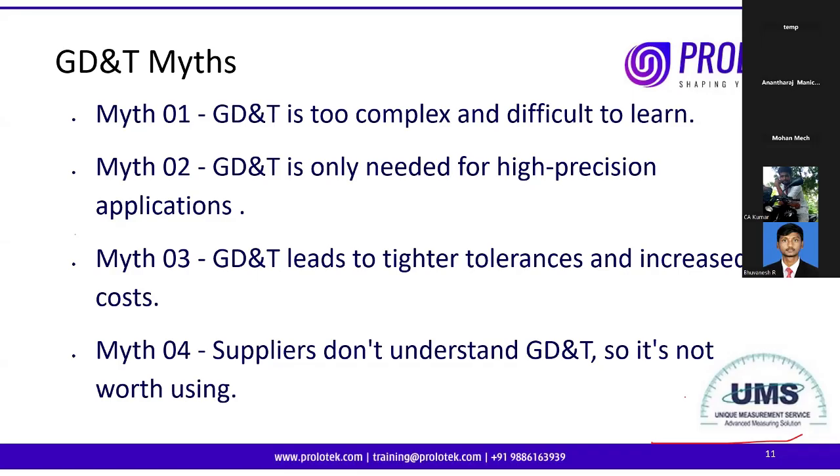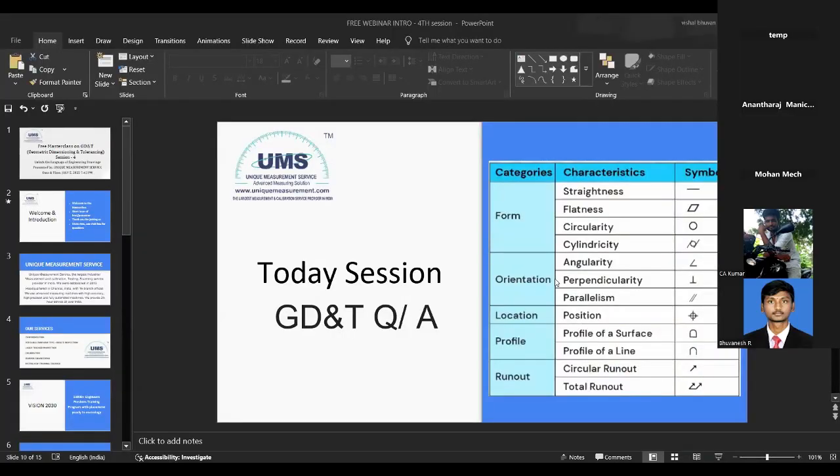What is the difference between concentricity and coaxiality? According to ASME, there is no difference between concentricity and coaxiality. They are the same. But there are two standards for GD&T. One is called ASME Y14.5, which was given by the American Society of Mechanical Engineers. Since this is an American body, a few countries did not want to follow it.